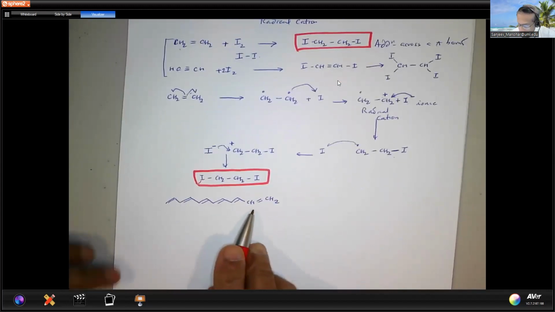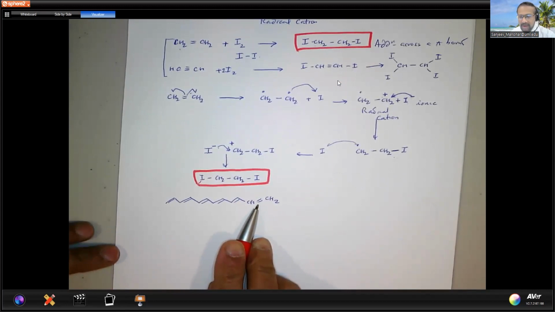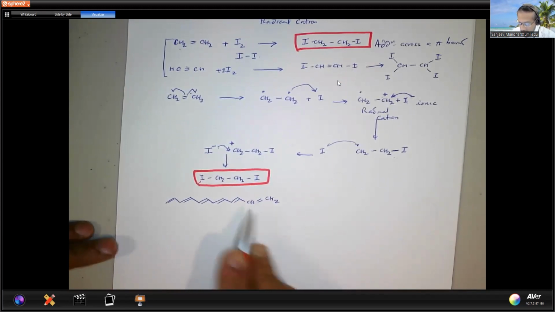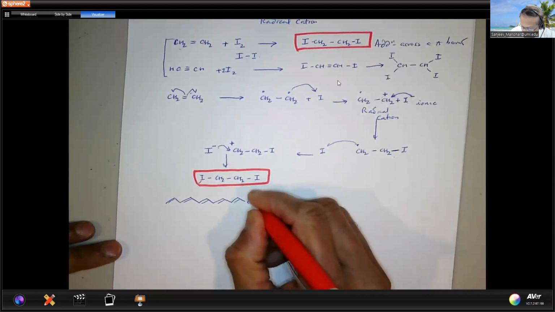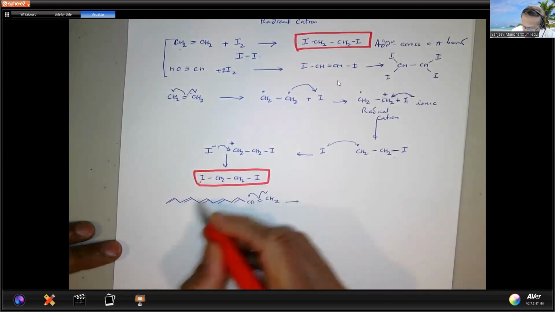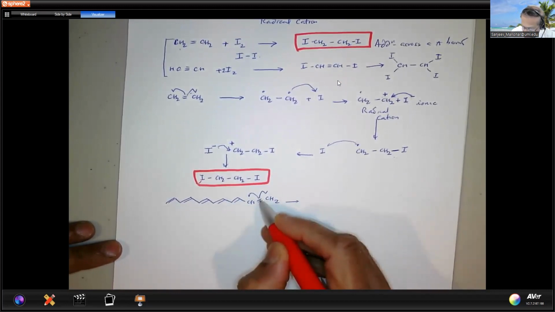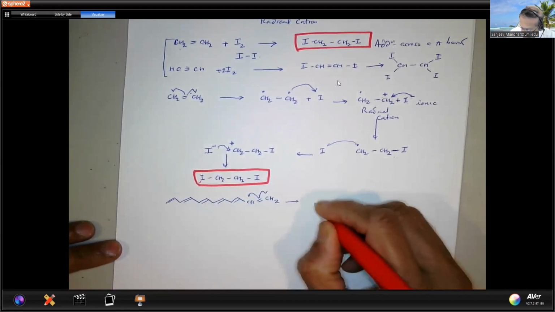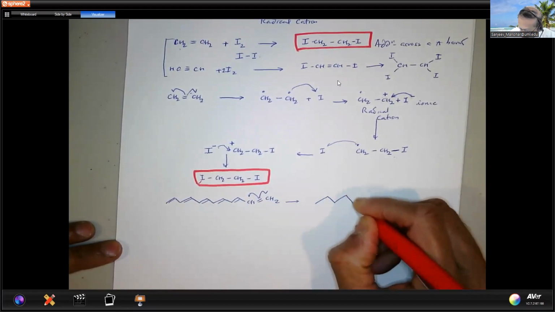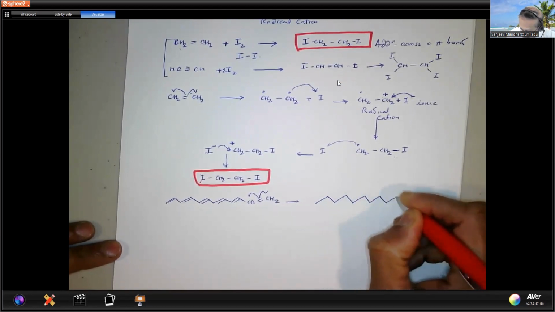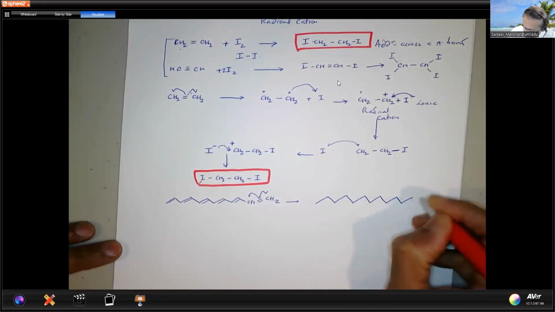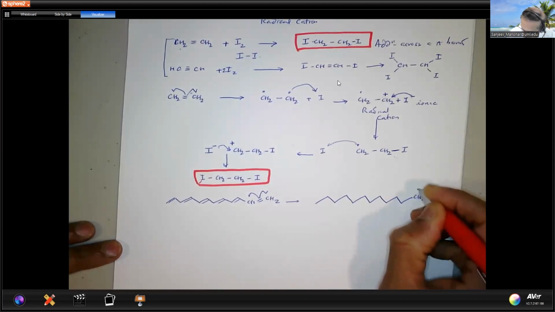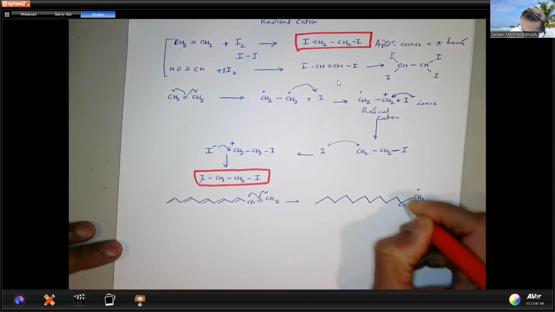Suppose you had a pi bond at the end of a chain. What would happen? Say maybe you can do the same thing. Say like 1, 2, 3, 4, 5, 6, 7, 8, 9, 10, 11, 12, right? So that's a CH2 dot.